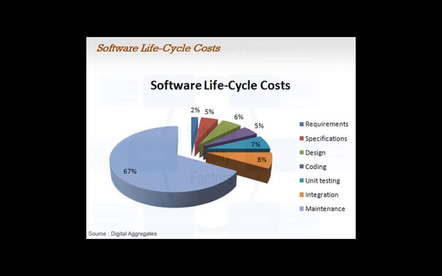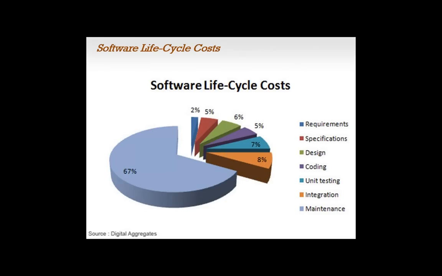Software, it's not for free. It's not like open source. If you're working in a company that sells software, it costs a lot of money to develop software. So what we have here is an overview. The source is Digital Aggregates, and if you look at this slide, you will see that two thirds of the overall software lifecycle costs are going into maintenance.